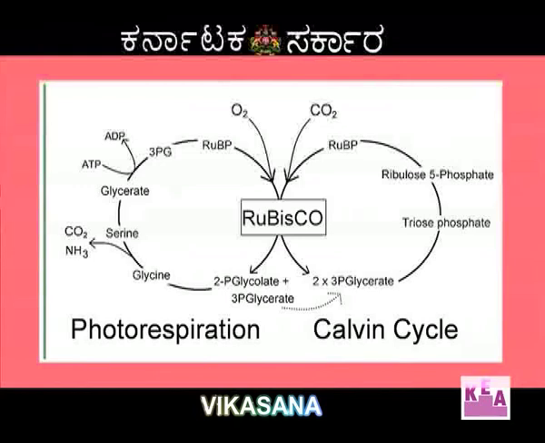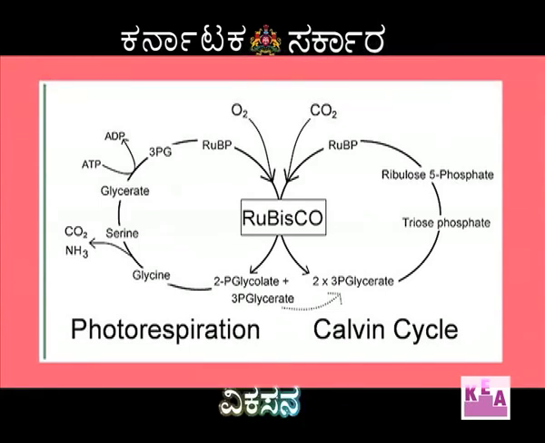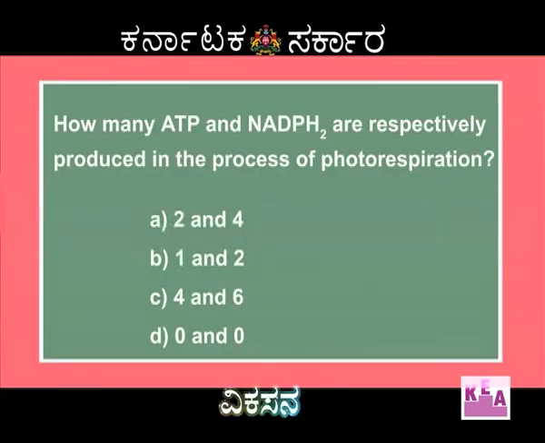Now, here there is no production of NADPH, there is no production of sugar. At the same time, there will be the utilization of ATP. See, what is in the question? How many ATP molecules are produced? How many NADPH2 molecules are produced? Is there ATP production?